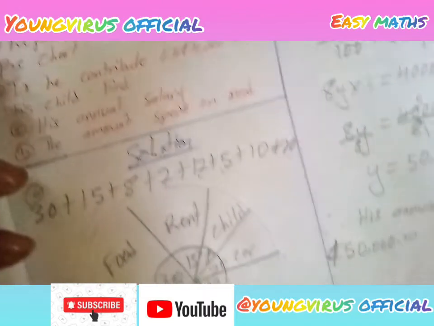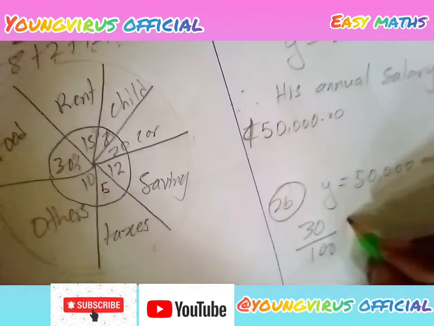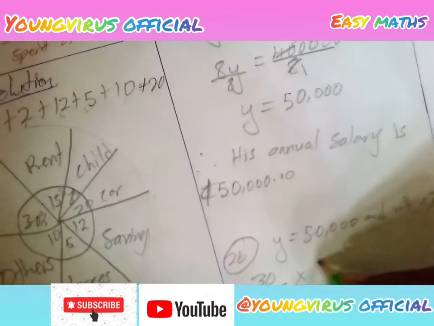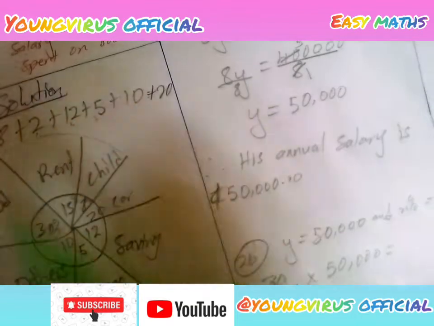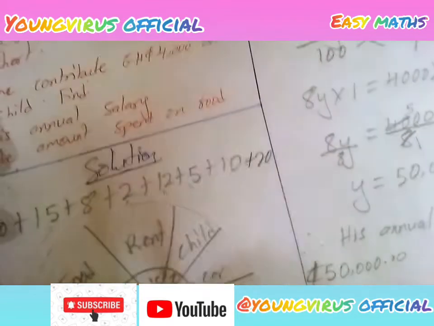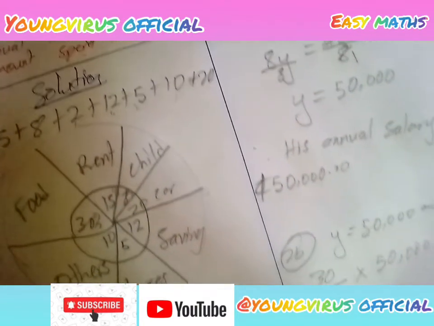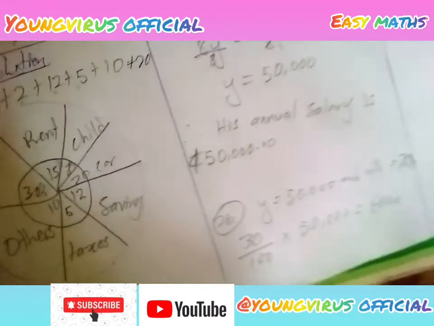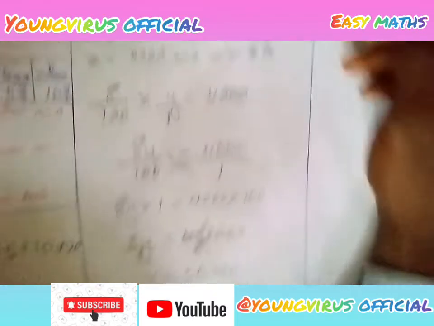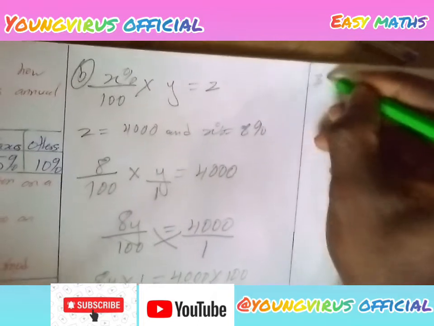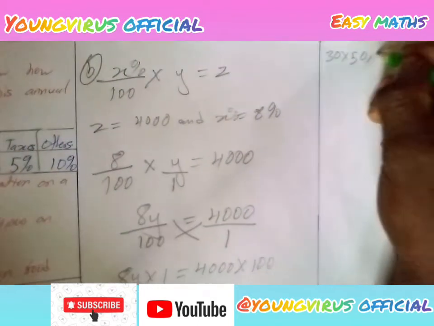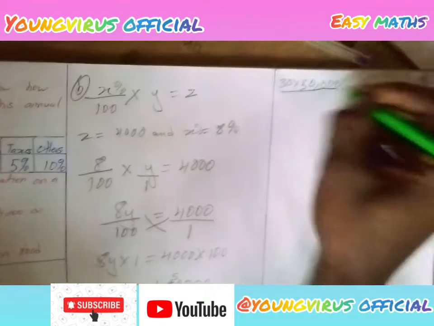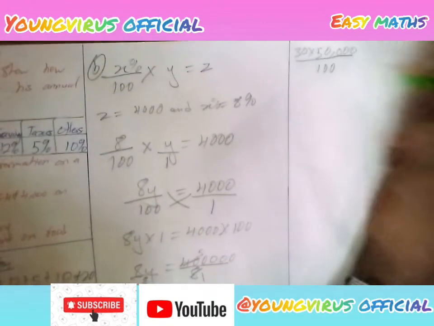30 over 100 times our y, which is 50,000, will give us the value for the amount of food. So it's equal to food. Therefore, 30 times 50,000 over 100.